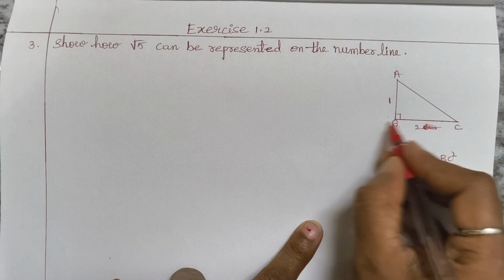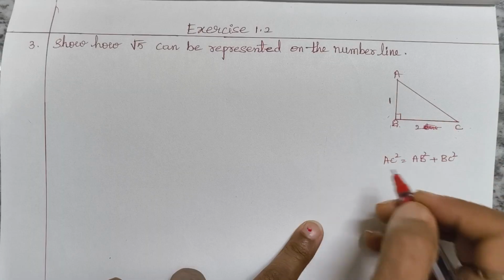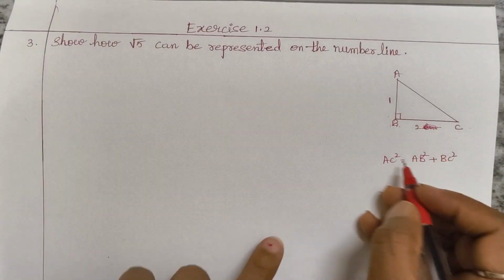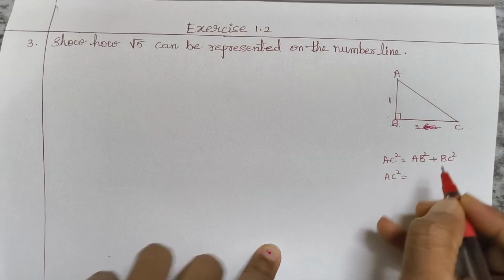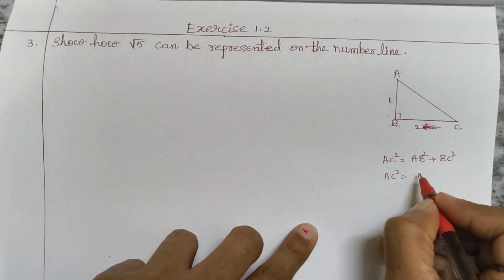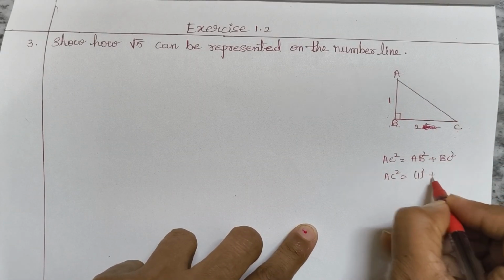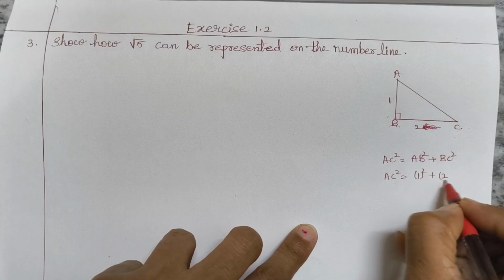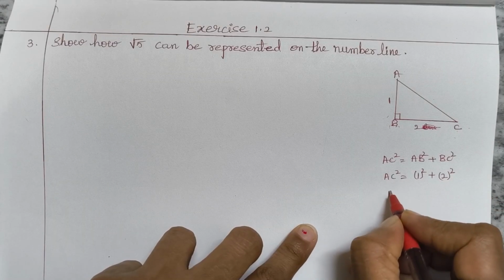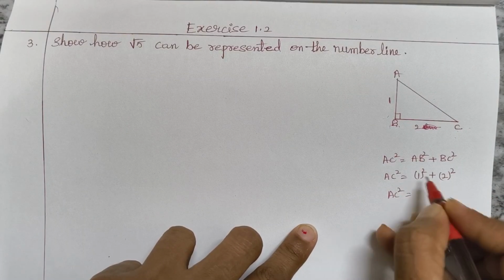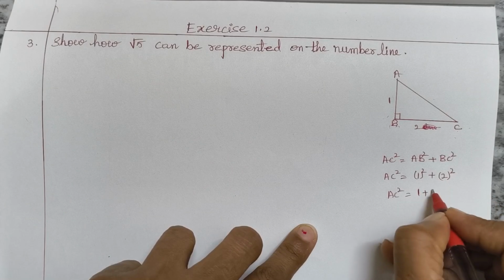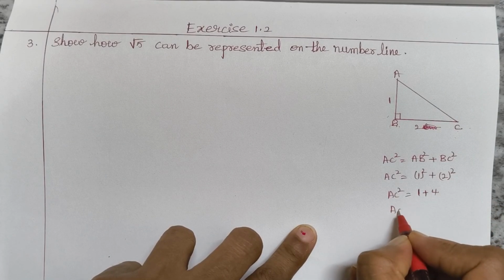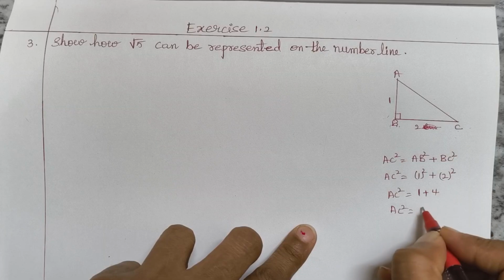I am taking BC as 2 units and AB as 1 unit. So AC square is equal to 1 square plus 2 square. 1 square is 1, and 2 twos are 4. So AC square is equal to 1 plus 4, 5.